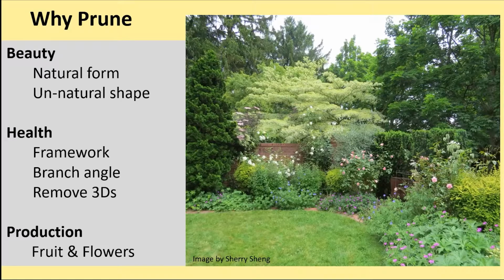Now, there are some legitimate reasons for pruning. It could be for the beauty of the plant. Perhaps we want to accentuate the natural form. Perhaps we want to create unnatural forms or shapes for our own amusement.